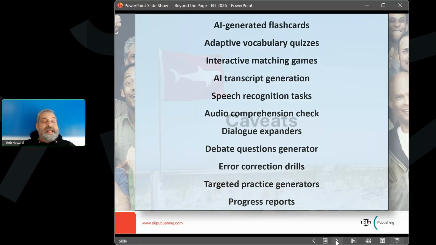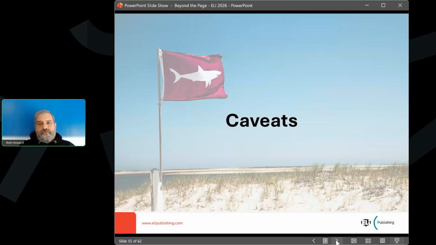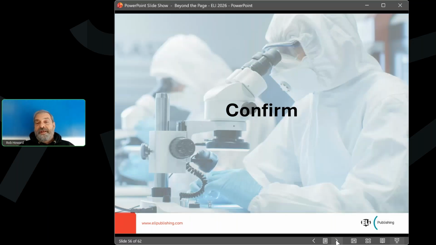Now, a few caveats, a few warnings. First of all, it's very important that you confirm everything. A funny story is when I originally started to do this, I said, generate activities over 2 different units from a specifically named book, and it came up with some activities.